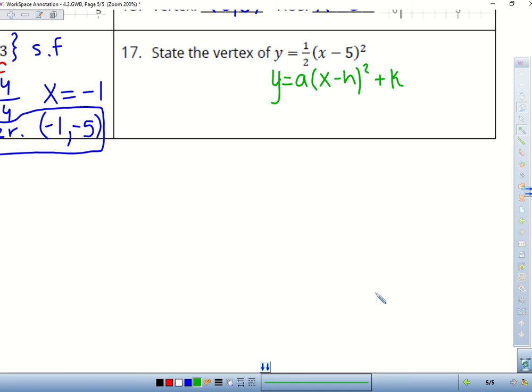The k. So if we don't have a k, we could add on a what at the end? 0. So we can't add a 1 because 1 would change the integrity of the equation. So we can add a 0, which means that my vertex is what? 5, 0. Remember from yesterday's lesson, you have to change the sign of the h. So that's why it's a positive 5.